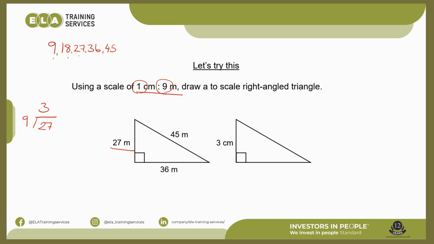So here we are, 3 centimetres. The next thing we're going to do is 36 down here. Well, we already know that that's 4 because we worked it out. So that means it should be 4 centimetres here. And lastly, 45 metres becomes, that's right, 5 centimetres. So all we're doing is dividing this value by this value to get this value.